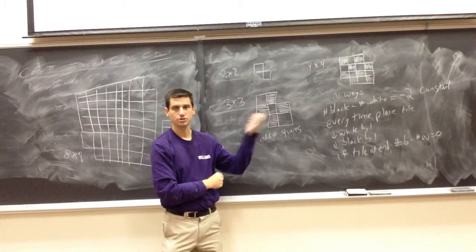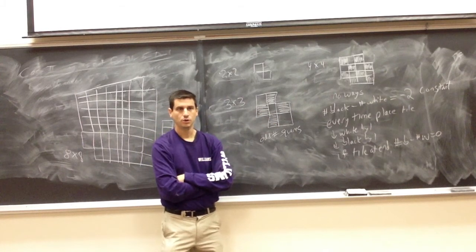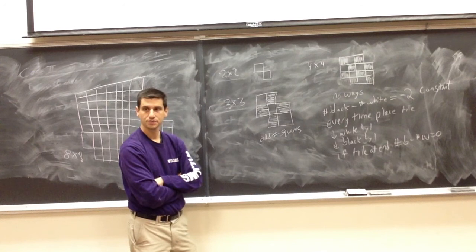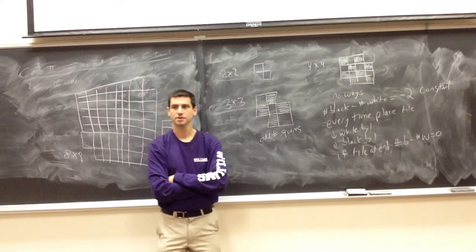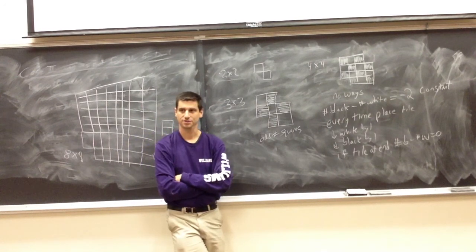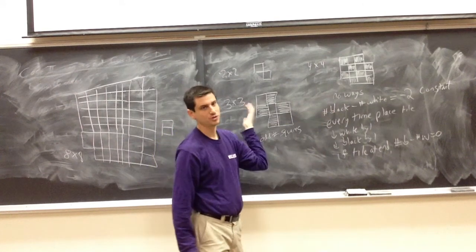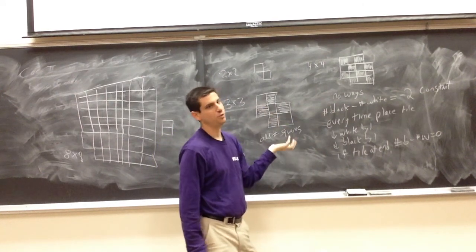So in this situation, we've thrown away 2 of the 9 squares. We have 7 squares left over. Is it possible that blacks and whites are evenly split? No. So instead of being negative 2, it's going to be either negative 1 or positive 1.